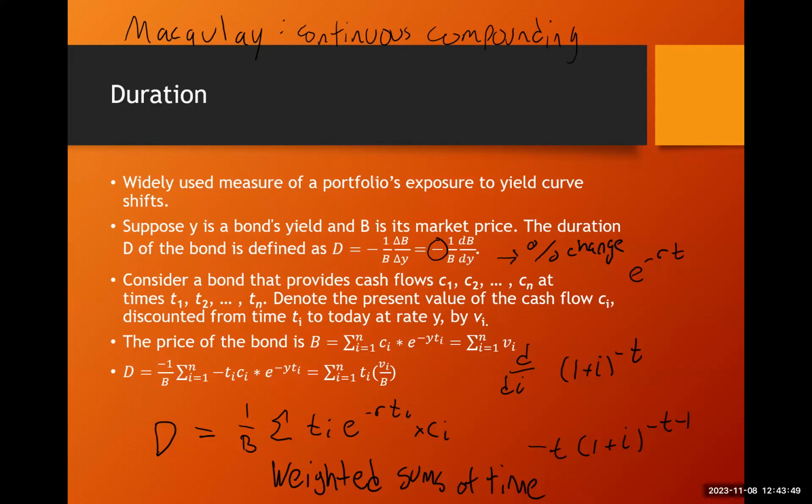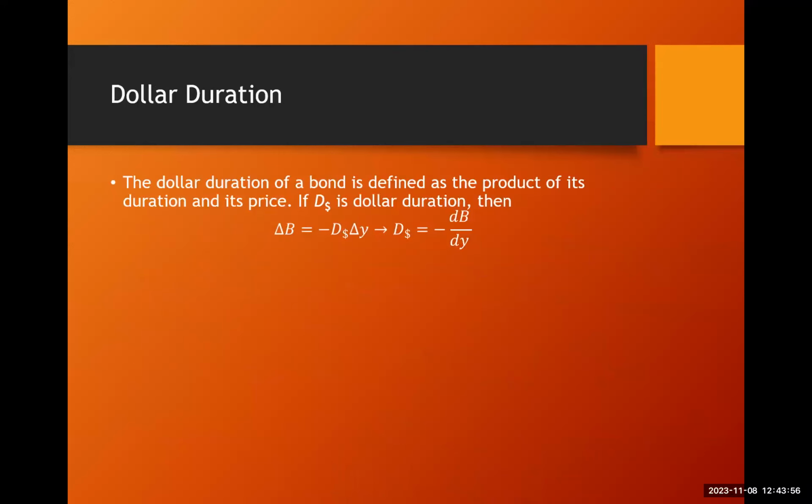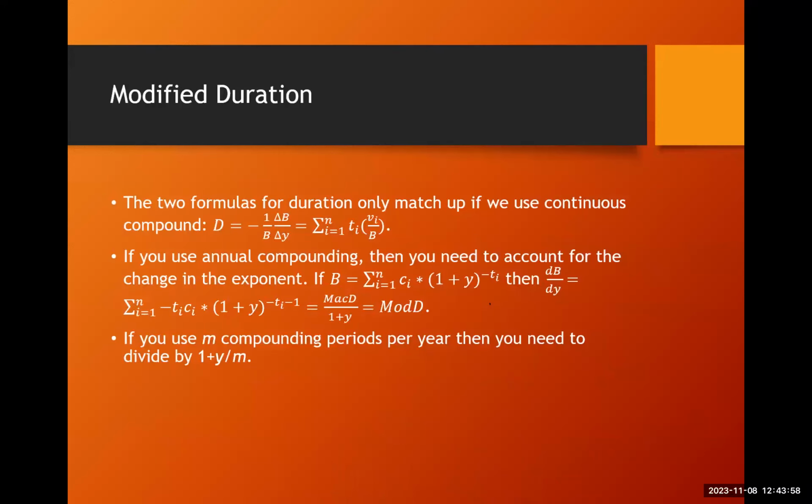That's when you just take the derivative divided by B and add a negative sign. The modified duration is when you have annual compounding or any other non-continuous compounding. In those forms, you have a 1 plus i raised to the t, so you need a 1 plus i term to cancel out with the derivative.